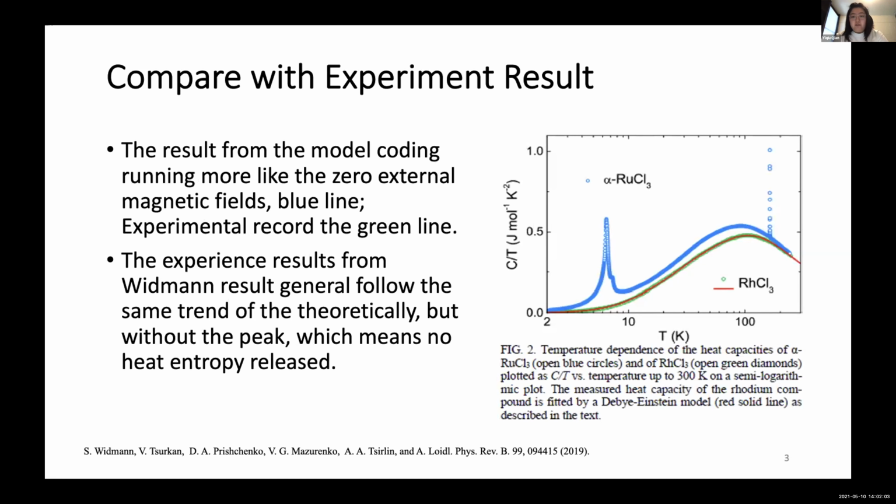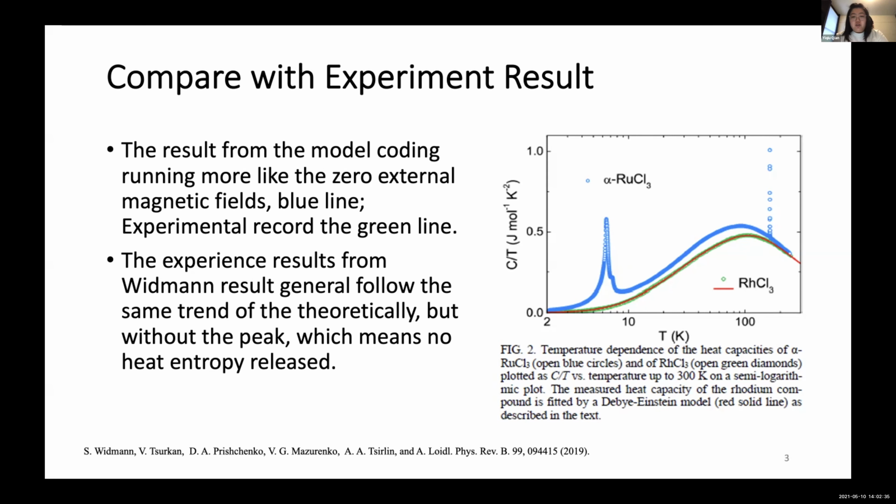So this figure is from one of the papers, and this literature compares their experiment result with the theoretical model running result. The blue line in the figure is the result at zero external magnetic field, and the green line is the experimental record from their papers.